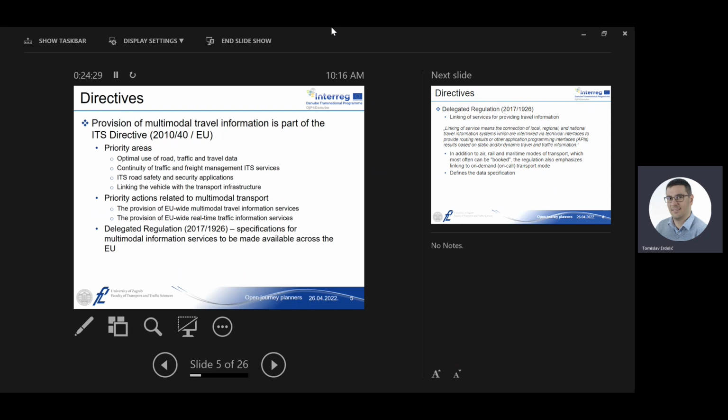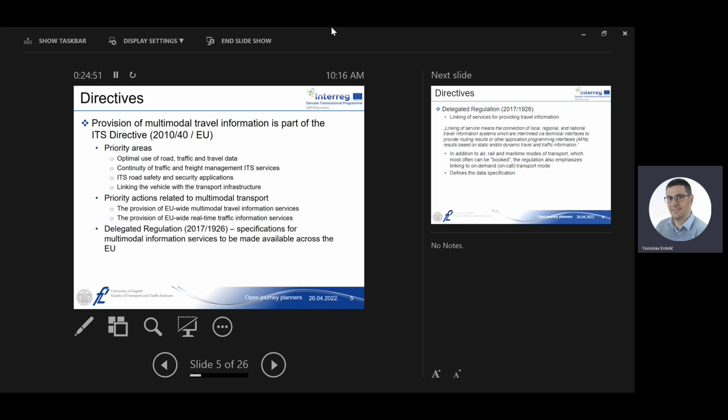multimodal information is presented. But the actions related only to the multimodal transport are the provision of EU-wide multimodal travel information services, and this is exactly what we do in this project. The second one is provision of EU-wide real-time traffic information services, meaning that the time.